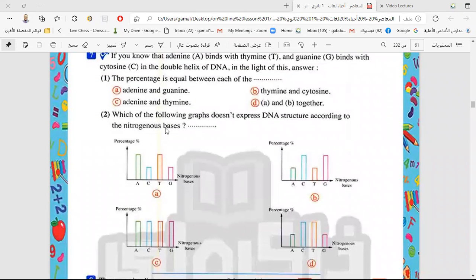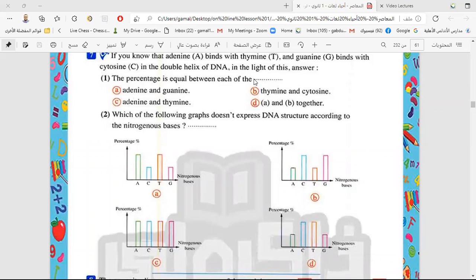If you know that adenine A binds with thymine T and guanine G binds with cytosine C in a double helix of DNA, in the light of this, the percentage is equal between which of the following? Adenine and guanine, of course not. Adenine doesn't bind with guanine.